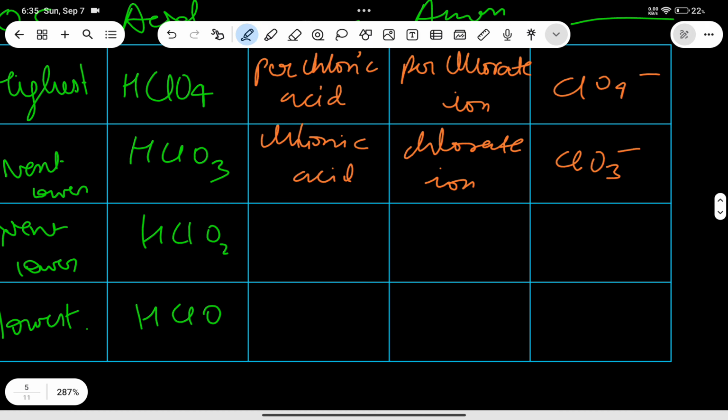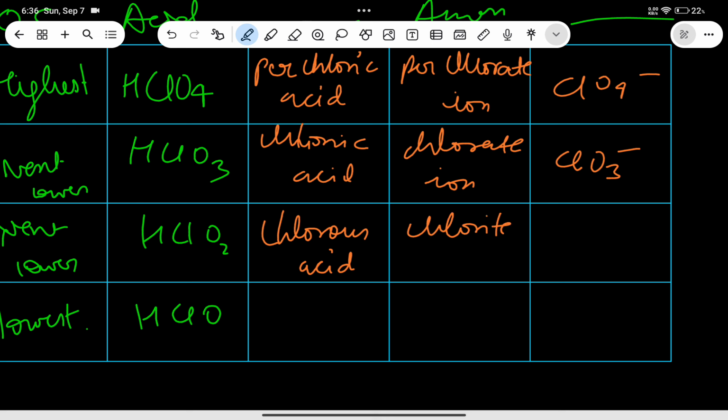Then we have chlorous acid. So this will be chlorous acid, and hence it will be chlorite ion simply, and then it would be ClO2 minus.